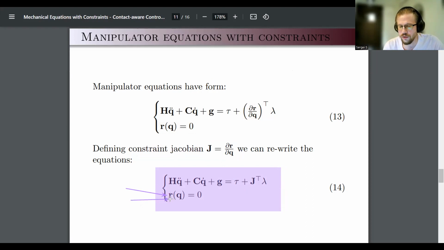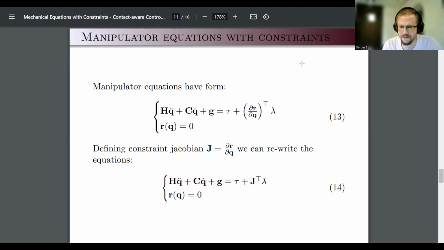As we are going forward, we are going to drop this explicit representation of r here, and instead we are going to see derivatives of r, which is not the same thing. But equation 14 is also something that is very hard to work with because of this r of q equal to 0. So equation 14 is the most correct, but also hard to work with. That is something to keep in mind.